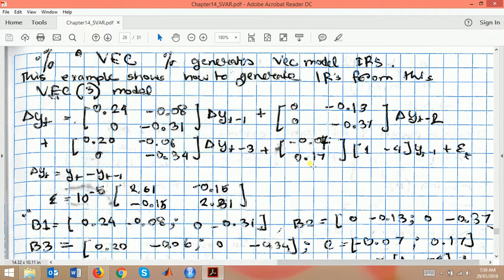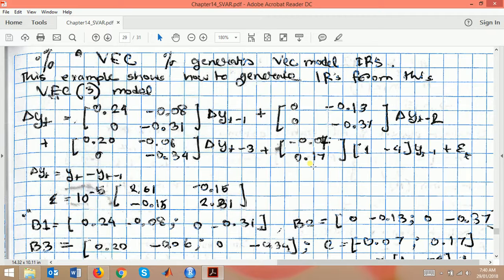Next, the vector error correction model and impulse responses. The vec command generates a VEC model from impulse responses. So we have a VEC3 model: delta yt equals phi 1 yt minus 1, phi 2 yt minus 2, phi 3 yt minus 3, plus phi 4 yt minus 1, yt minus 2, yt minus 3, plus et.